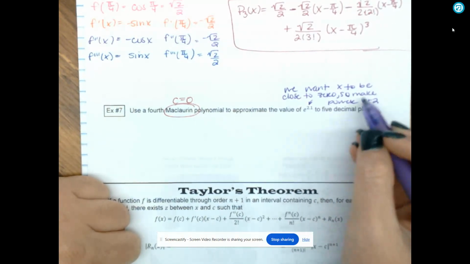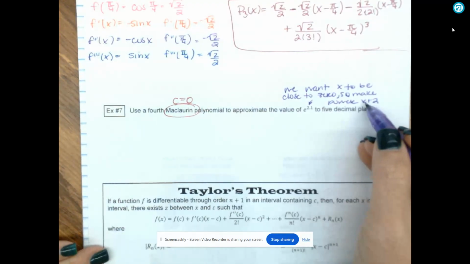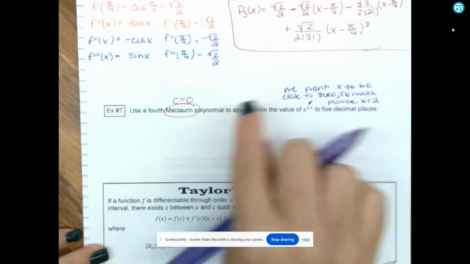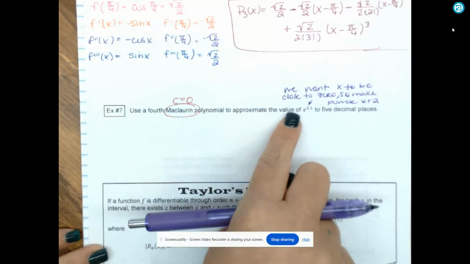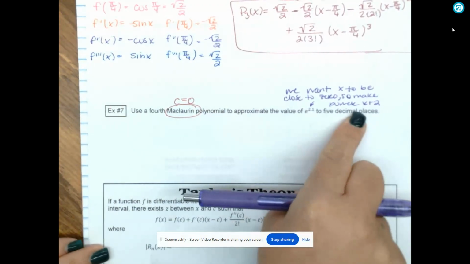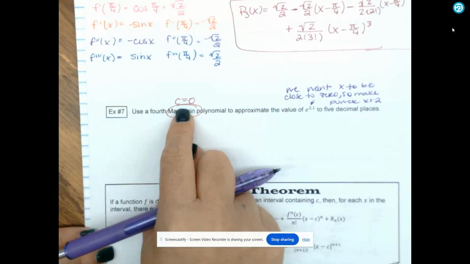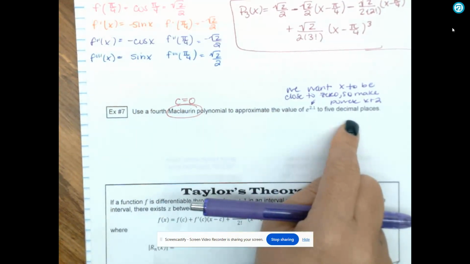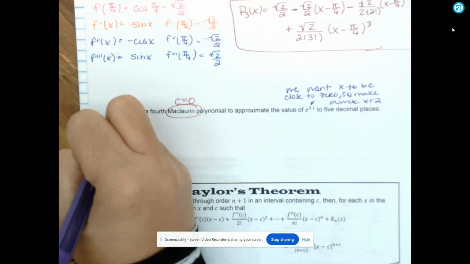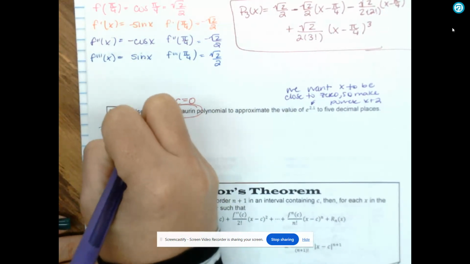Okay, so we are going to create our function using x plus 2 as our power because we don't have a general function right now. We just have a specific one. Okay, and they want us to use a fourth Maclaurin. So we do know c equals 0 for Maclaurin. All right, so we're going to start with our f of x being e to the x plus 2.